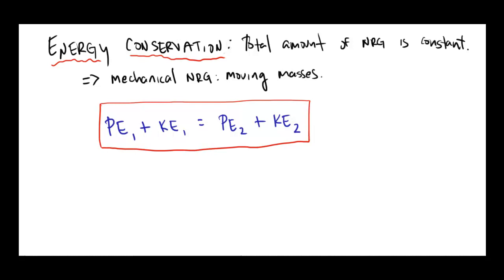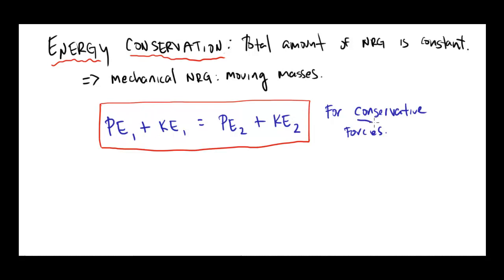And maybe this is obvious, but it might be worth mentioning the caveat that this only applies for conservative forces. As I had just mentioned when I got ahead of myself, if there were some friction, this wouldn't be true, right? The amount of mechanical energy would change if there's friction. The energy dissipation of friction, where this mechanical energy is lost as heat, would violate this principle.